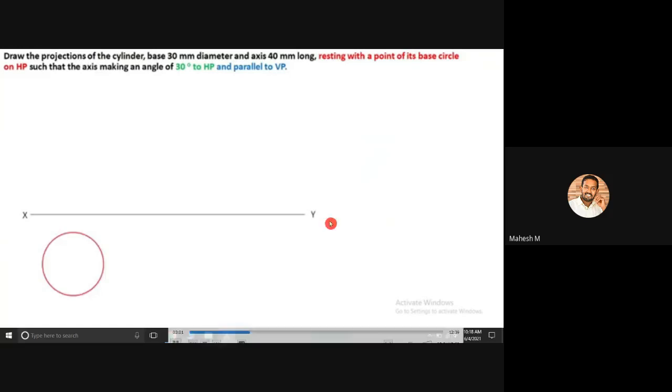So you'll be having a top view as a circle. So this diameter should be 30 mm. So you should mark your diameter like this. Then your axis height is 40 mm. So normally if you're looking at your axis line in top view, it will look like a point.